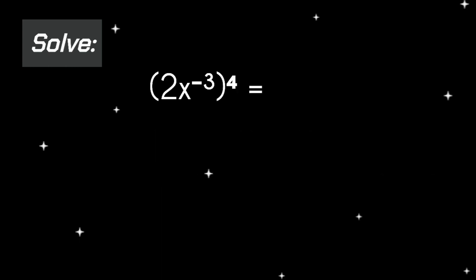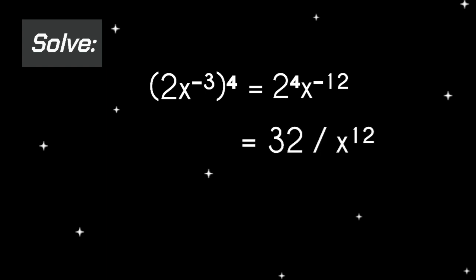Another situation, the quantity of 2x raised to power of negative 3 raised to the power of 4. First step would be distributing the exponent, and that would be equal to 2 raised to power of 4 and x raised to power of negative 12 from negative 3 times 4. And now you can simplify. 2 raised to power of 4 equals 16, and x raised to power of negative 12 needs to be inverted, so the final answer would be 16 over x raised to power of 12.